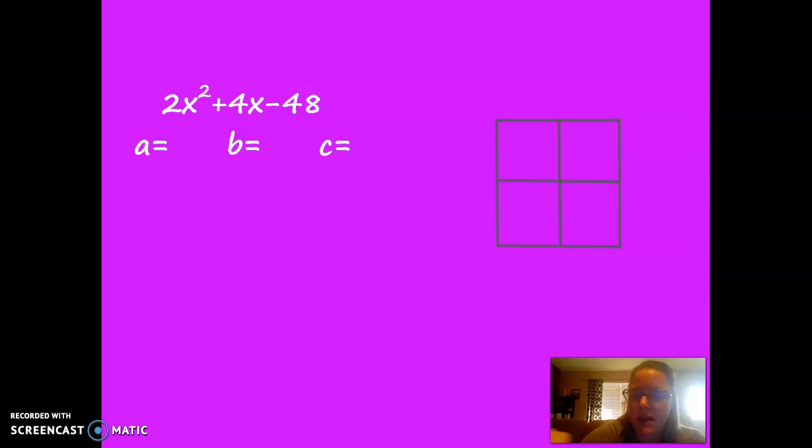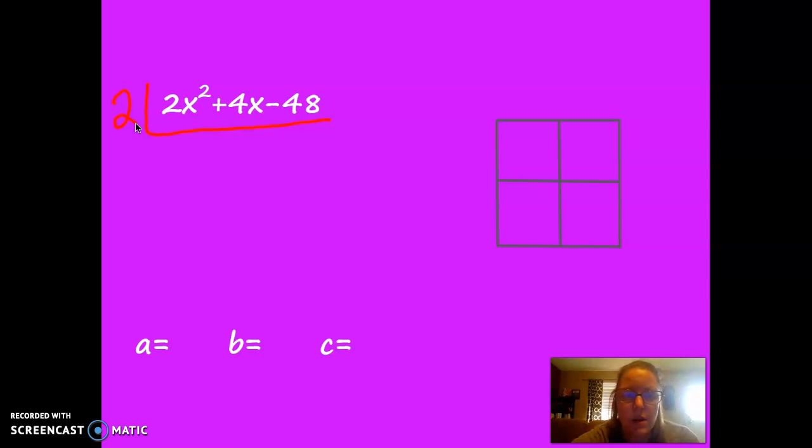So I notice that all of these are divisible by what? 2. So I'm going to start by taking out a GCF of 2. So I can simplify this to say that 2 times x squared plus 2x minus 24 can be my area model, so that now I have no leading coefficient and my numbers are a lot more friendly.